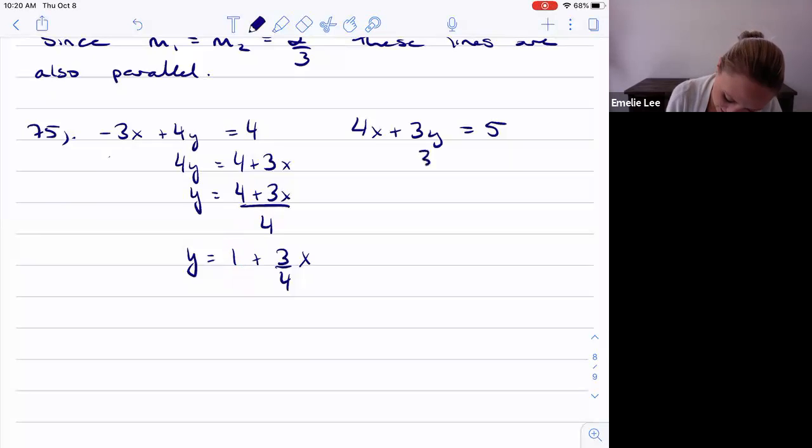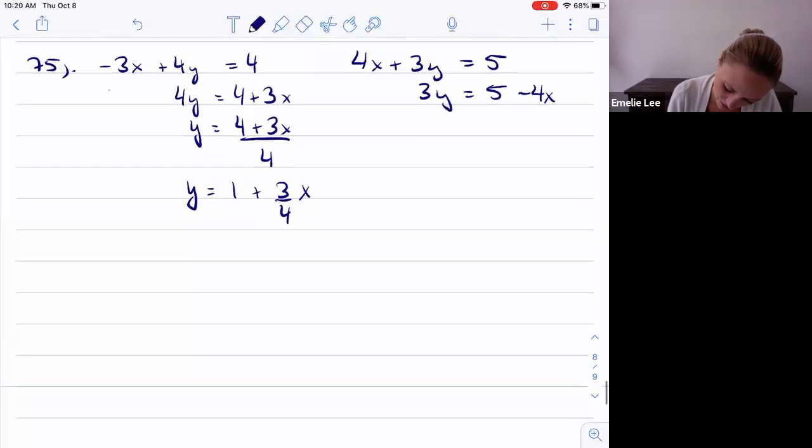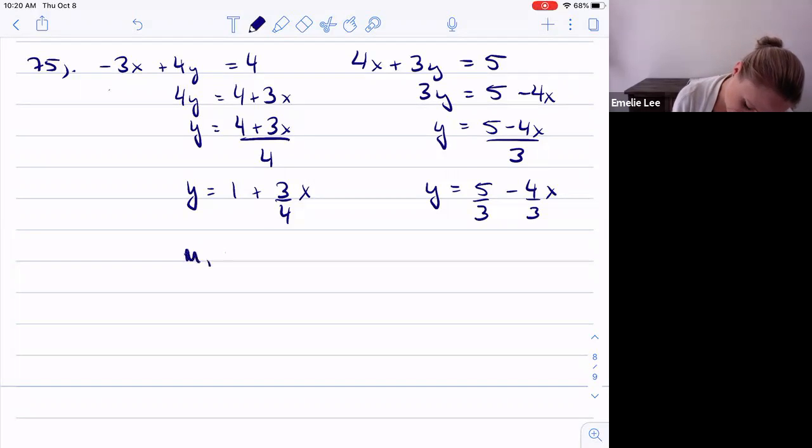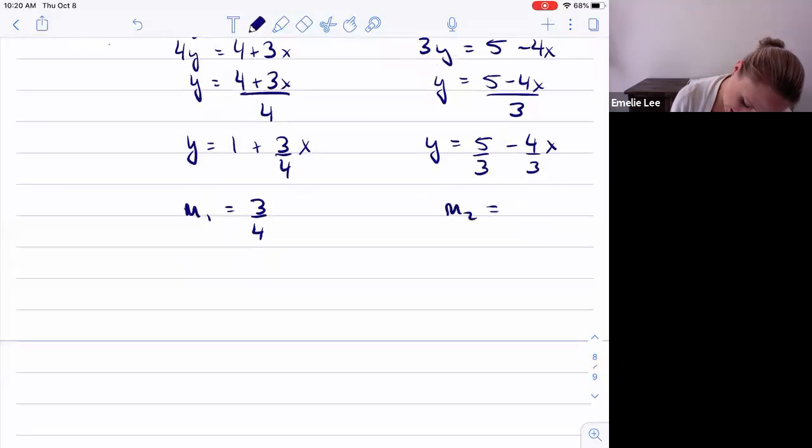Same thing for the next side, 3y is 5 minus 4x. y is (5 minus 4x) divided by 3. So y is 5 over 3 minus 4 over 3 x. So what I've got is m1 is 3 over 4, and m2 is negative 4 over 3.